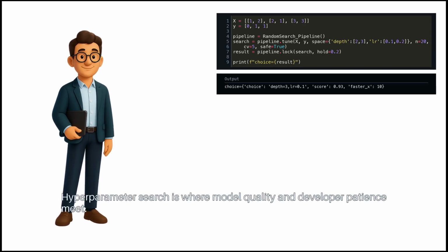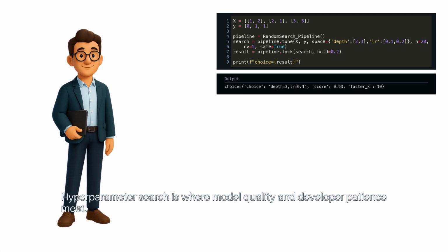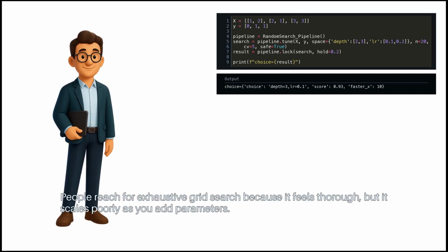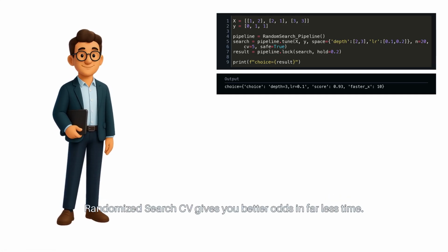Hyperparameter search is where model quality and developer patience meet. People reach for exhaustive grid search because it feels thorough, but it scales poorly as you add parameters. RandomizedSearchCV gives you better odds in far less time.